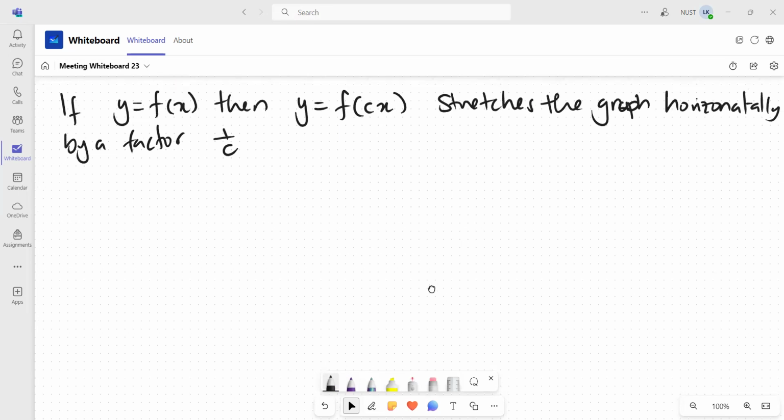Okay, so with this one, when the c is with the x, it may be a little bit more complicated, but the way to understand it is that it's not possible to just stretch it in one direction. Like if I was pulling my graph upwards, I'm also kind of shrinking it sideways. And if I'm stretching it sideways, I'm also shrinking it vertically. So they do affect each other.